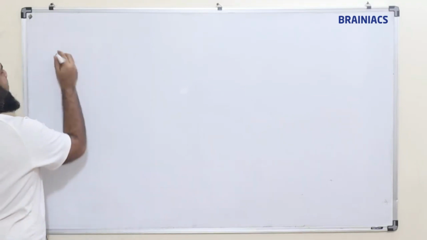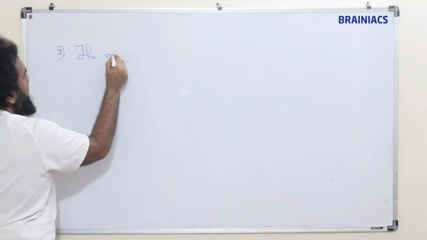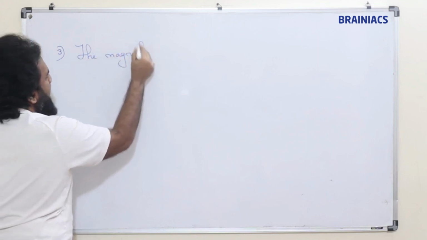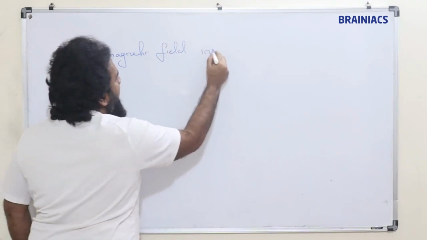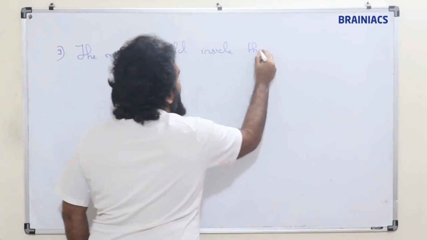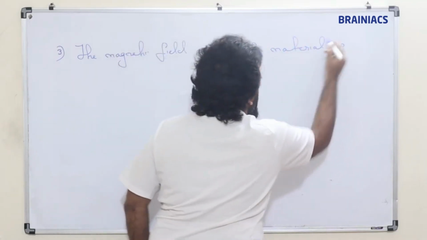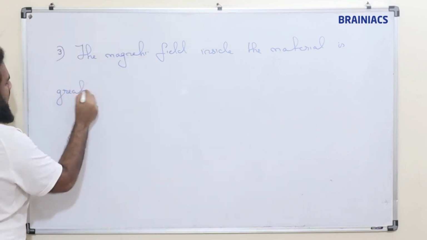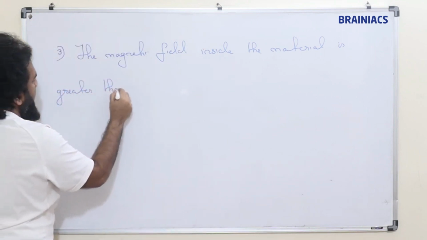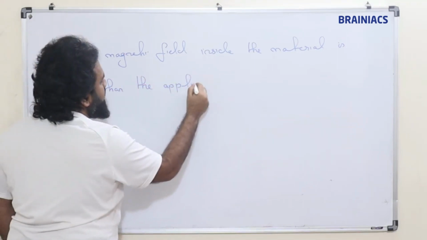Okay, the third property is the magnetic field inside the material is greater than the applied magnetic field.